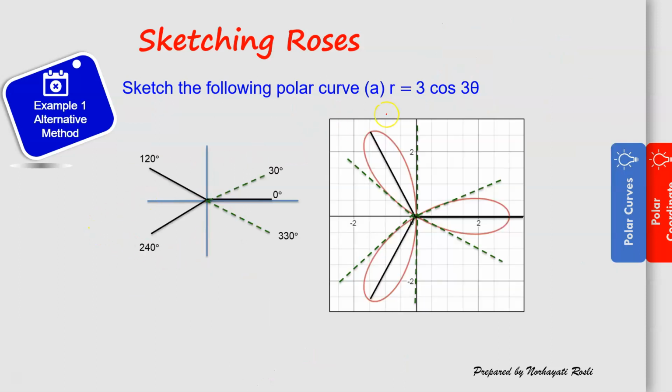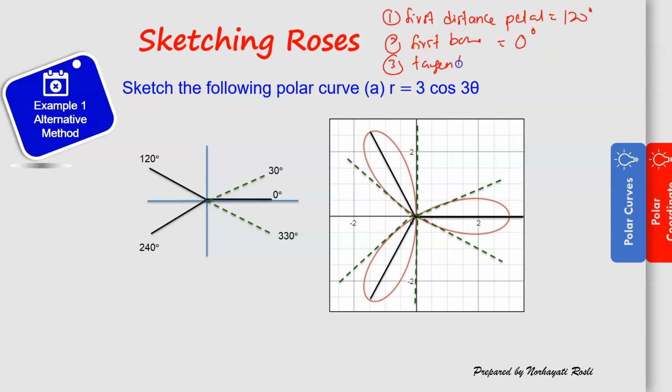So what we have here, number 1, the first distance petal is equal to 120 degree. The location for the first bond is 0 degree, and then our tangent line is equal to 30 degree.